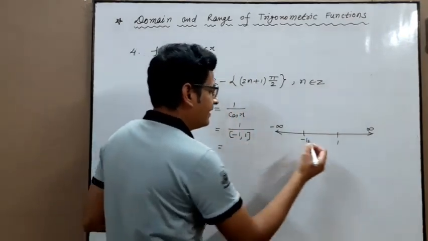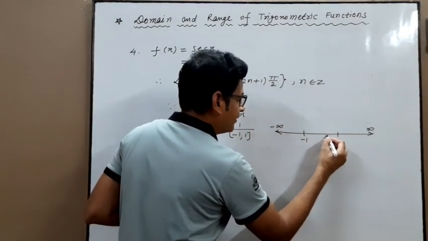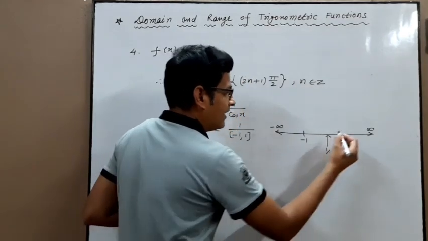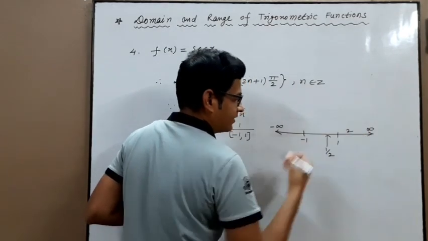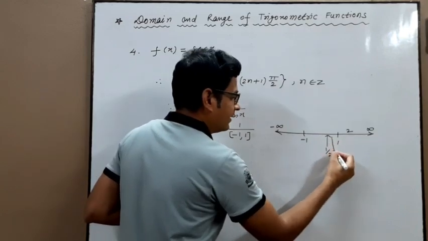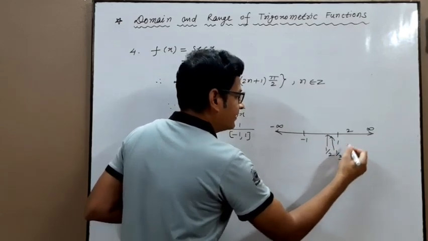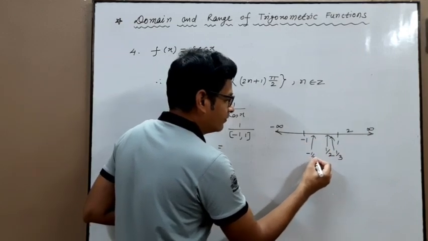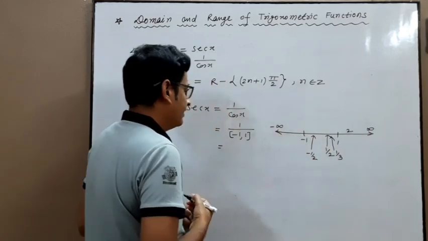For example, if we take any number between minus 1 and 1, say 1 by 2, the reciprocal of 1 by 2, which is 2, lies in that portion. If we take 1 by 3, then 3 lies in that portion. If we take minus 1 by 2, it lies in that portion.